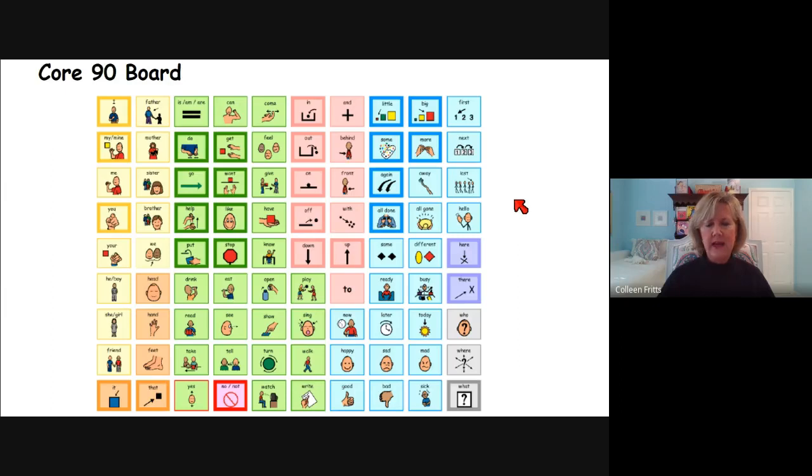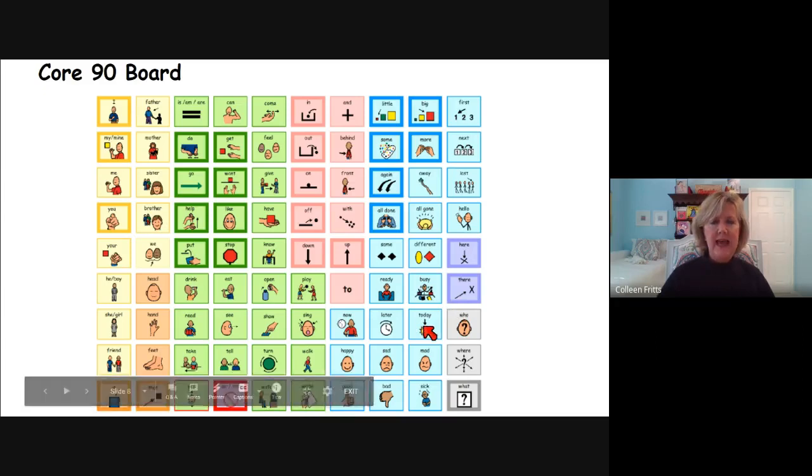When you expand to the 90 board, you have a lot more vocabulary. So you might talk about a sequence of something. Well, first, we're going to do our math. Next, we're going to do our science. Last, we will do our reading. You can also talk about today or what's happening right now.